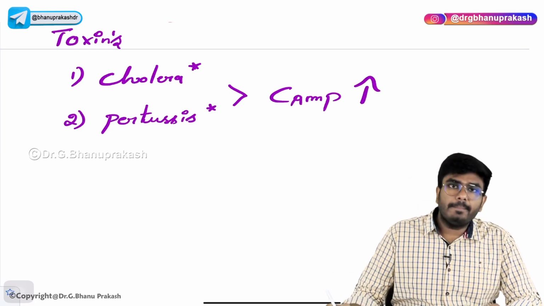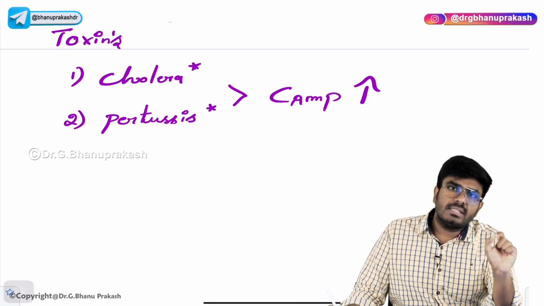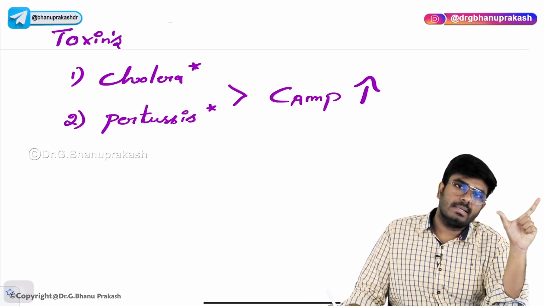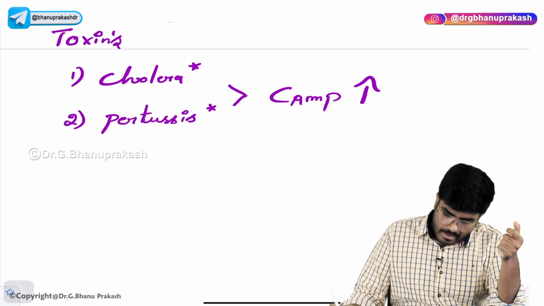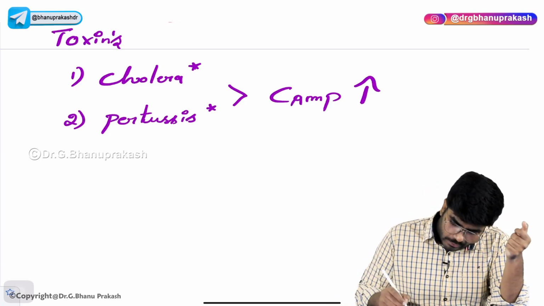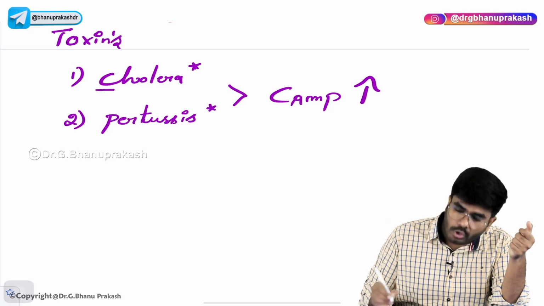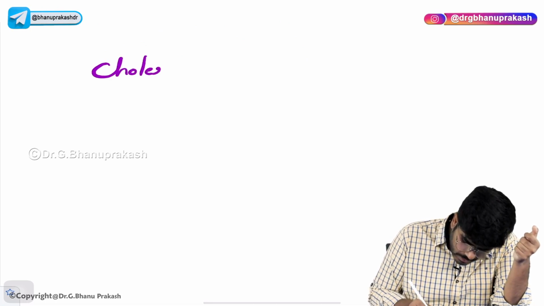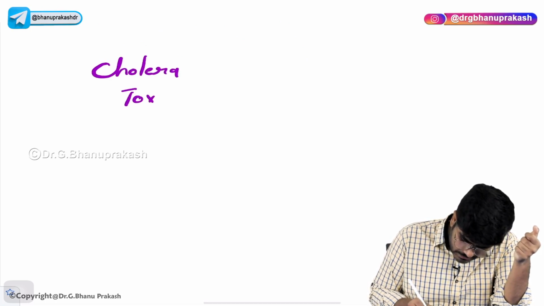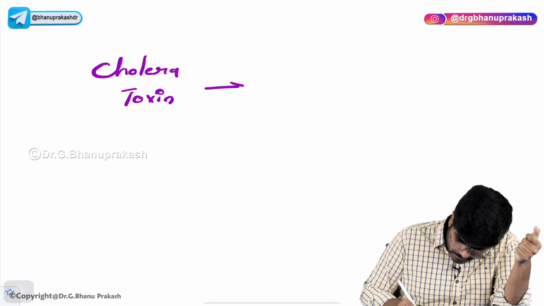See, cholera toxin can stimulate the G protein coupled receptors. Now it increases the cAMP levels inside the cell. Right now I am talking about the cholera toxin. Let me show here. Cholera toxin, what is it doing?